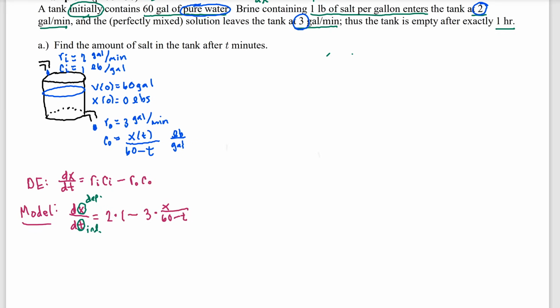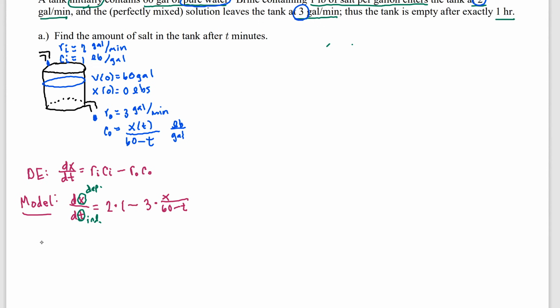So we're going to need to rewrite this in the form. Let's make a note here. We need the form dx over dt plus, not p of x, but p of the independent variable times the dependent variable equals a function of the independent variable. So we're just making a variable change here.